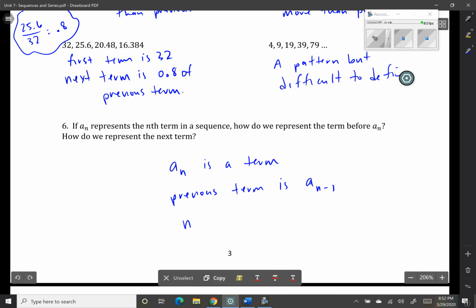I can say the next term, so if I'm at a sub n and I want the next term, I would add 1 to n to get to the next term. For example, if I was at a sub 8, the previous term would be a sub 7, 1 less. The next term would be a sub 9, 1 more. That's how we would do this.